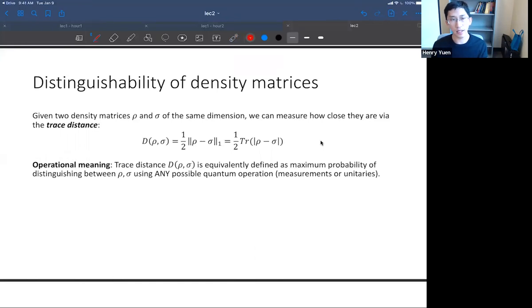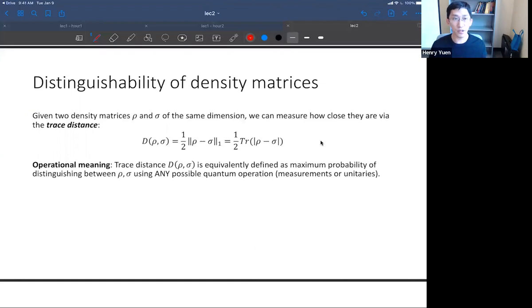If you can come up with an experiment that can distinguish between the 2 with probability, let's say 1/2, then it means that the trace distance is at least 1/2. And if you take the best possible experiment to distinguish between the 2, that is the definition of the trace distance.